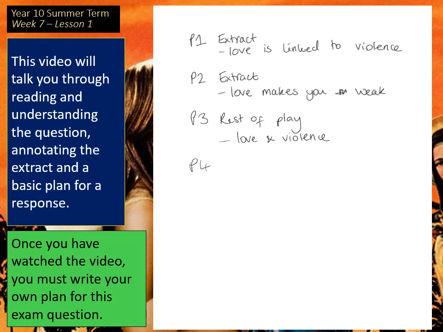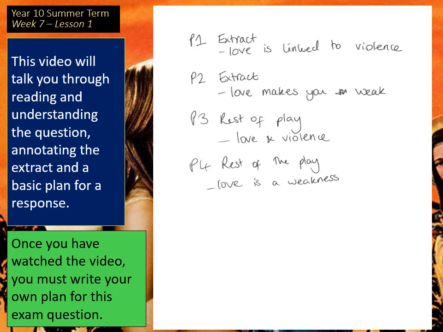And then my fourth paragraph might again be the rest of the play. And I might again come back to this idea that love is a weakness, and use that quotation from Romeo about his love for Juliet making him effeminate and making him vulnerable.